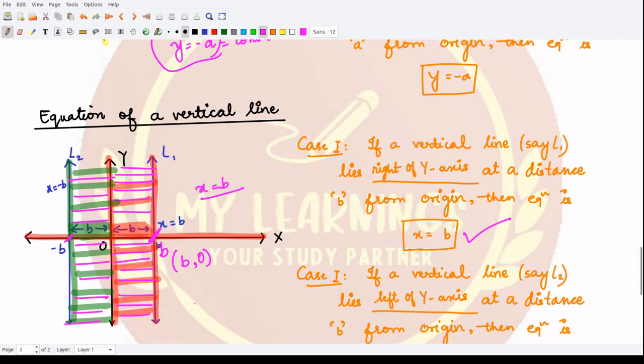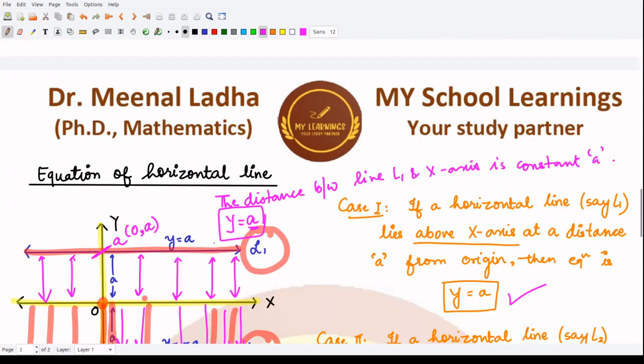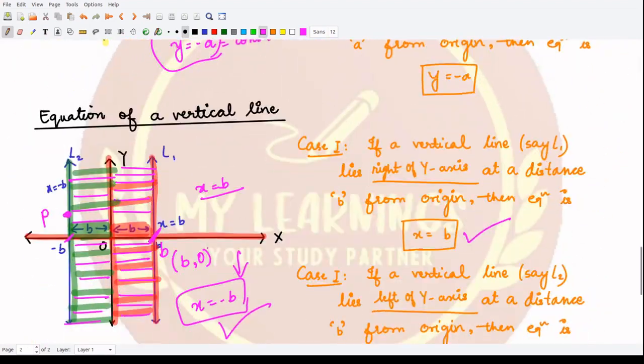So we obtain the condition that x is equal to minus b at every point. Therefore, this becomes the equation. If your point, say P, lies on this line, its x coordinate should also be minus b, so it should satisfy this equation. I hope you understood this concept of the equation of horizontal and vertical lines.